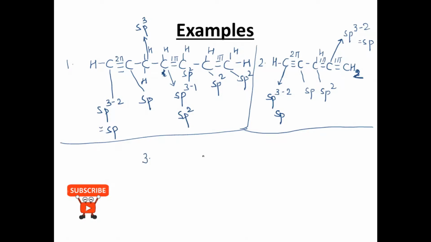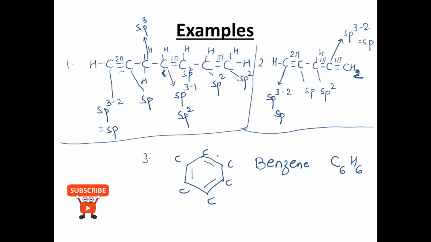Now, if I move on to the aromatic one, the simplest I take up is benzene. This is the benzene. Now, this benzene has a formula C6H6 and each vertex, you know, has a carbon. This C6 means each of these points has a carbon and they all have a double bond. One double bond means 1 pi bond, 1 pi bond and 1 pi bond.